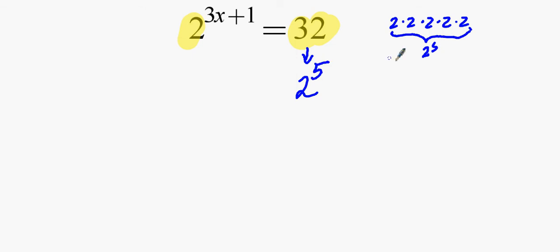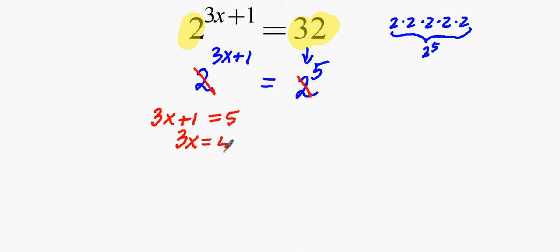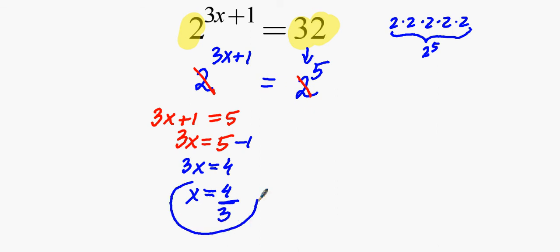So 2 to the 5th on the right, and then 2 to the 3x plus 1 on the left. Let's ignore bases because they are the same, and let's solve for x. 3x plus 1 equals 5. So 3x equals 5 minus 1. So 3x equals 4. Take that 3, put it underneath, and divide. So x equals 4/3.